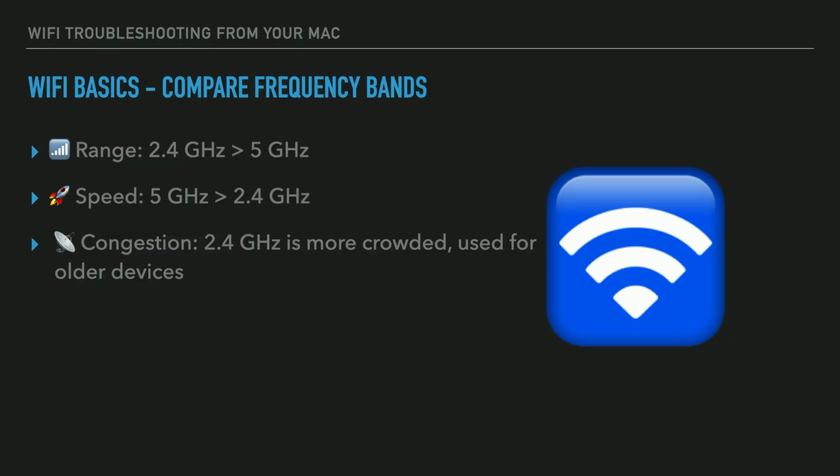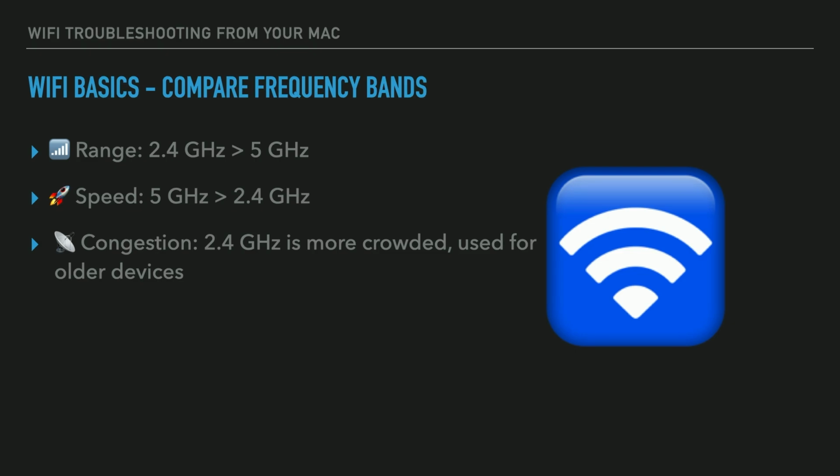And let's compare. So you've got range. You're going to get better range out of 2.4 gigahertz. These are much larger waves. So if you picture waves in an ocean, they're coming at still very fast, but a slower speed than these 5 gigahertz. So a big wave takes a while for the energy to dissipate.